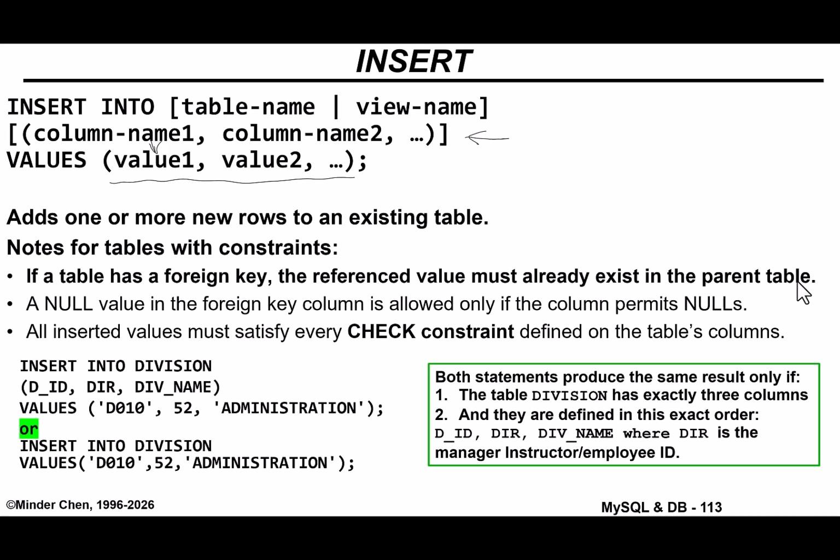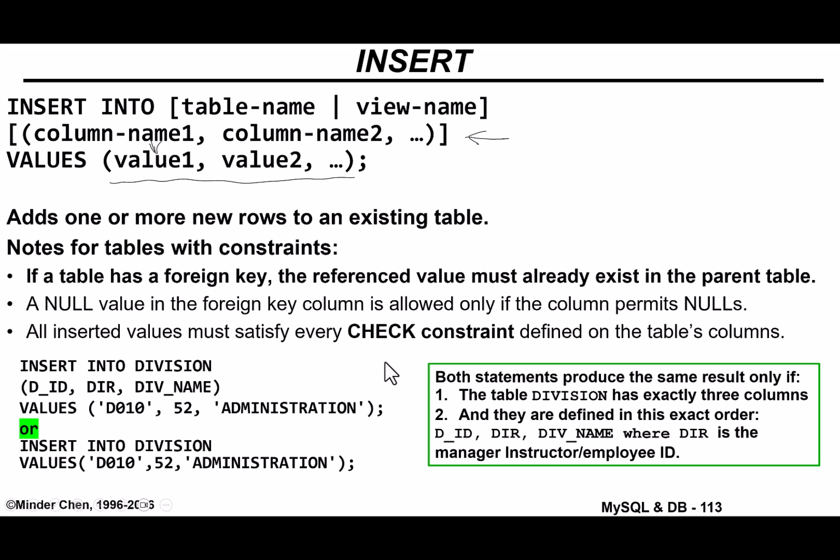If you just write a division number which doesn't exist, the system would not allow you to insert this particular row into the instructor table. And this is part of referential integrity. However, if the null value is allowed in that foreign key column, then you are allowed to do the insert.